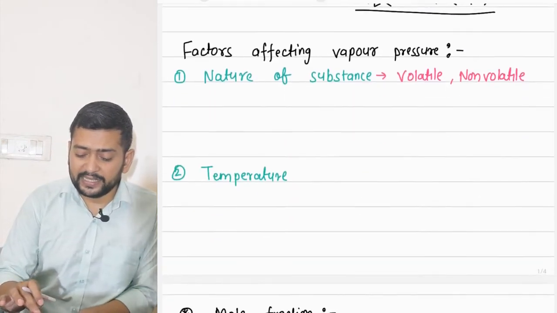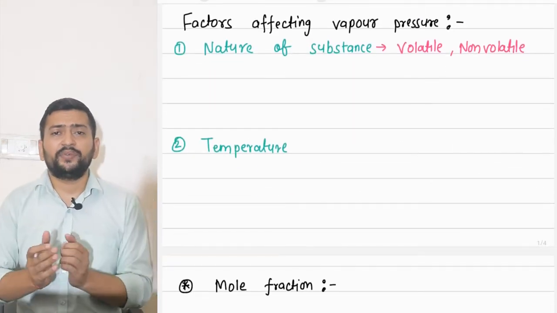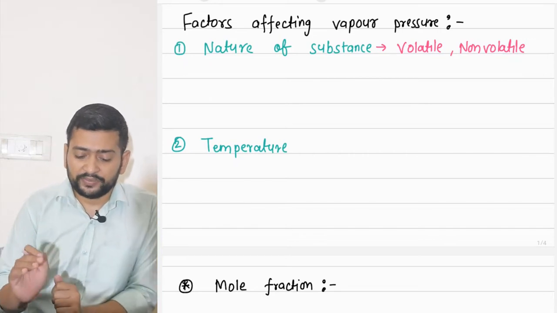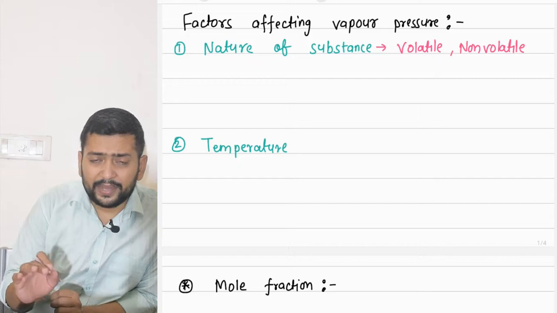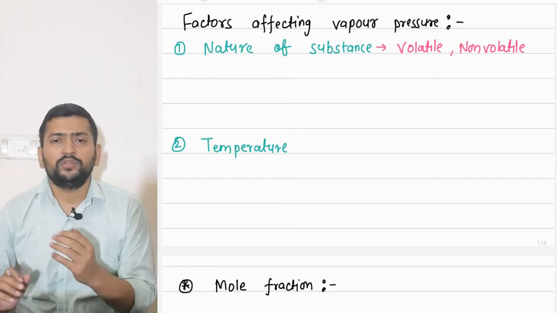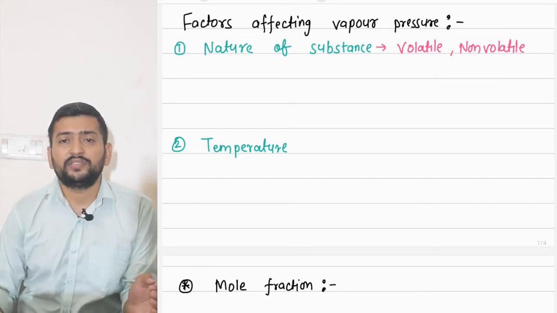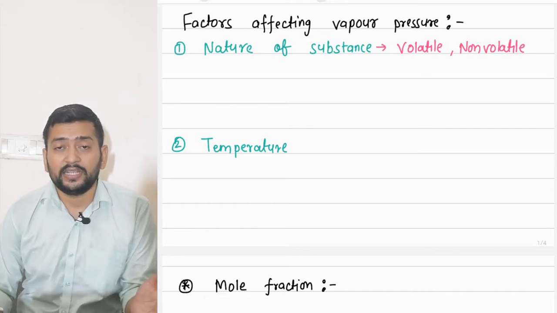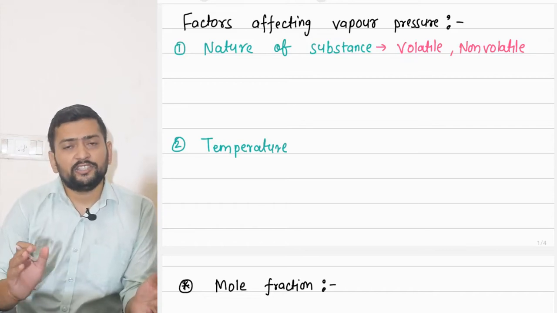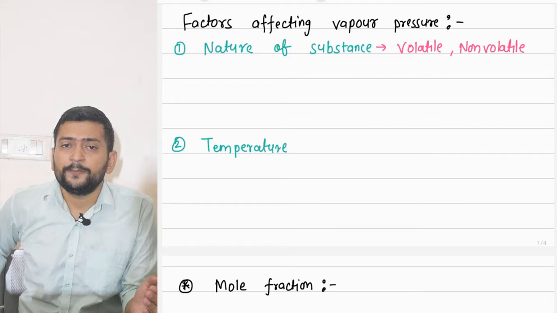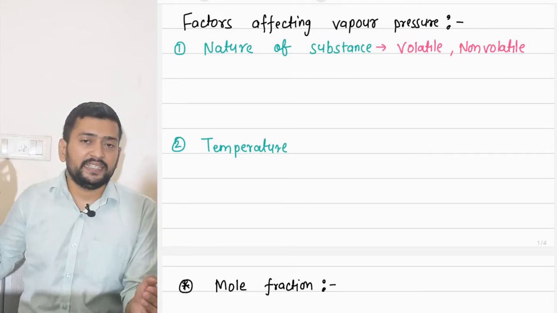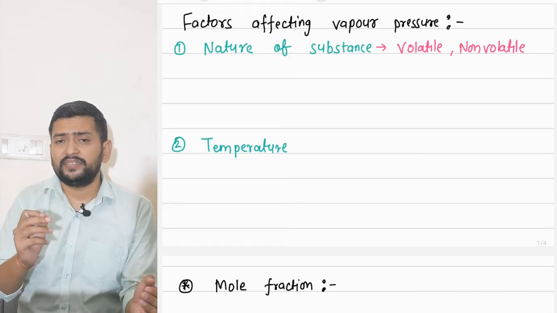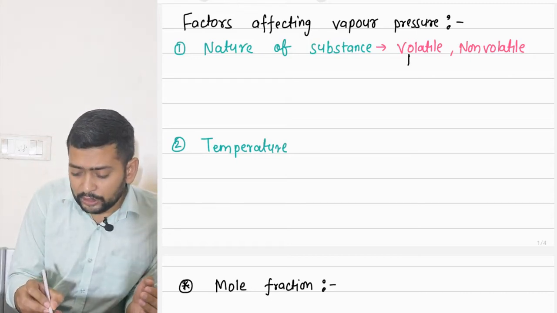Now let's move ahead and understand the factors which affect vapor pressure. The first factor is the nature of the substance. Volatile liquids are those which get evaporated easily, or whose boiling point is in the range of 60 to 70 degrees Celsius, generally at room temperature, for example petrol.